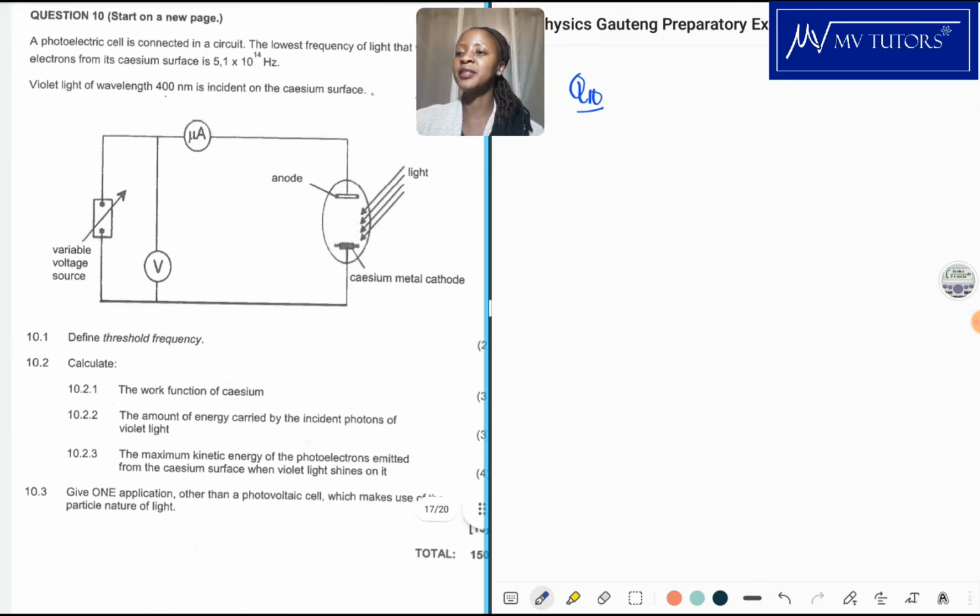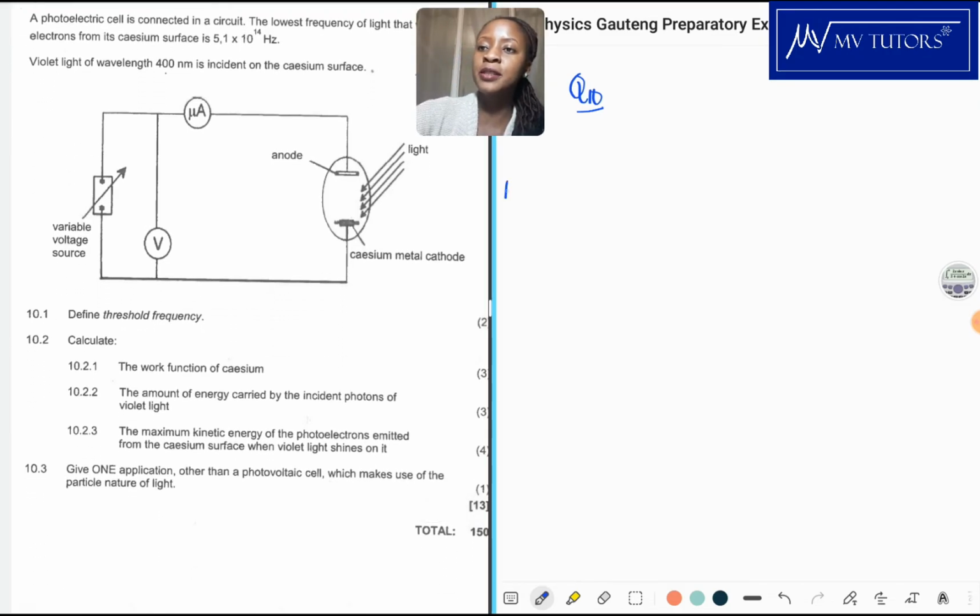Okay, and the first question wants us to define what threshold frequency is, and basically that is the minimum frequency that is required to start emitting electrons from a metal surface. A specific metal surface, because you have different threshold frequencies depending on the type of metal.